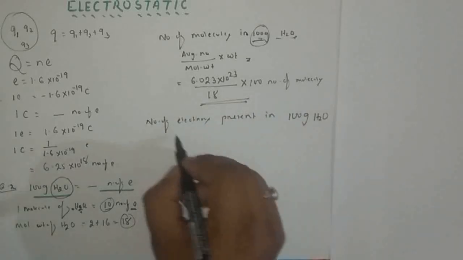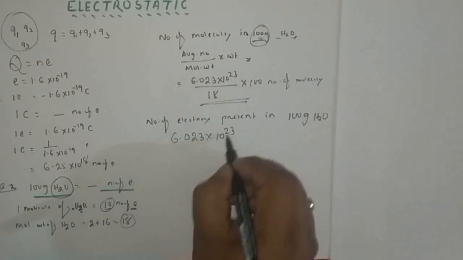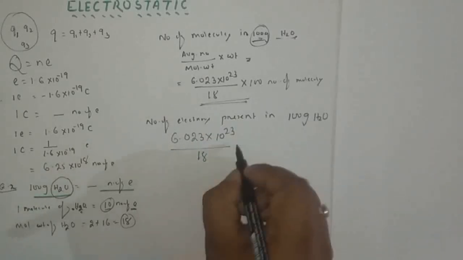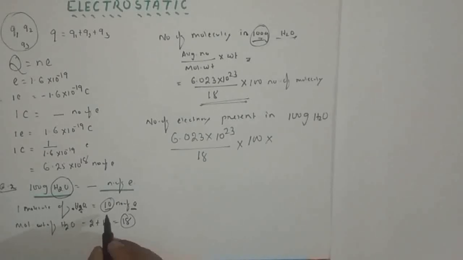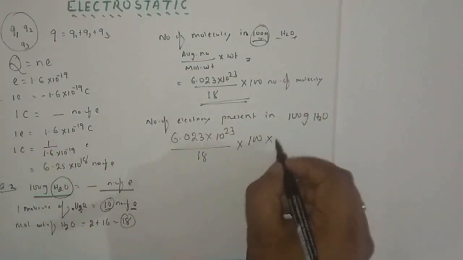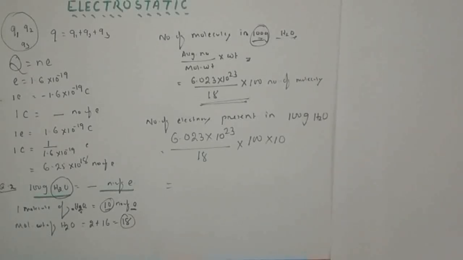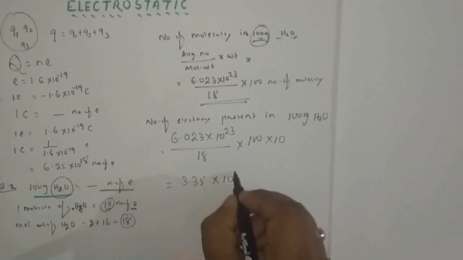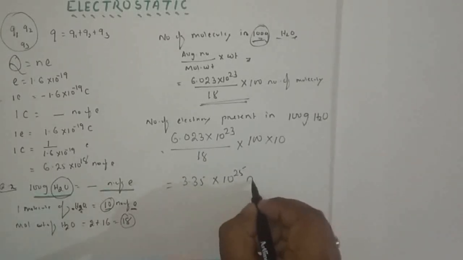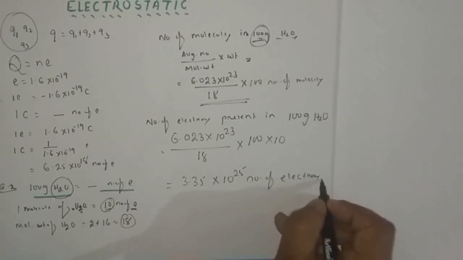How many molecules are there? 6.023 into 10 to the power 23 by molecular weight into mass 100. But one molecule equals 10, so into 10. After solving this, I will get 3.35 into 10 to the power 25 electrons.